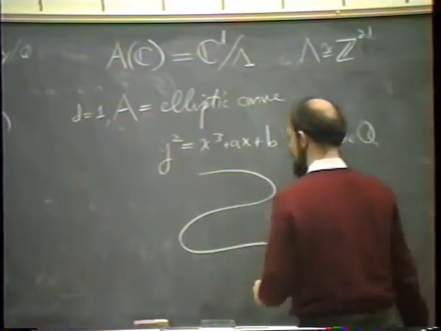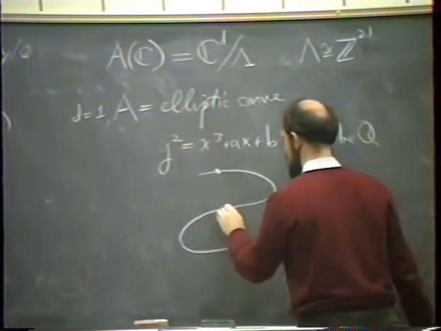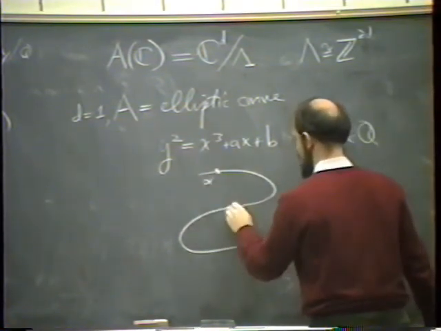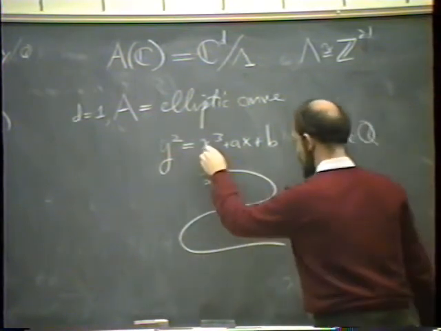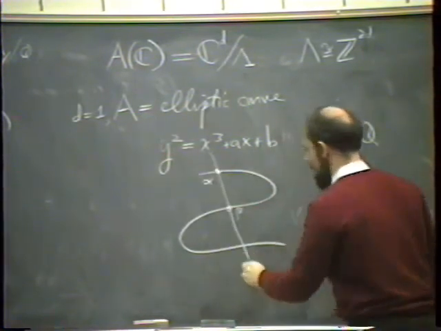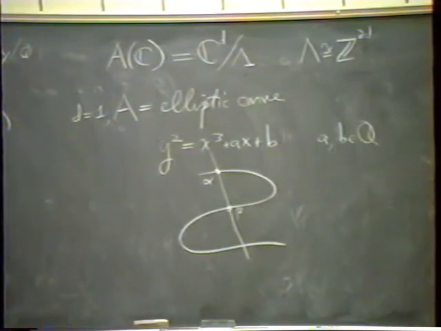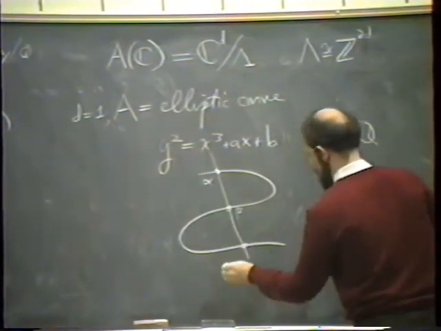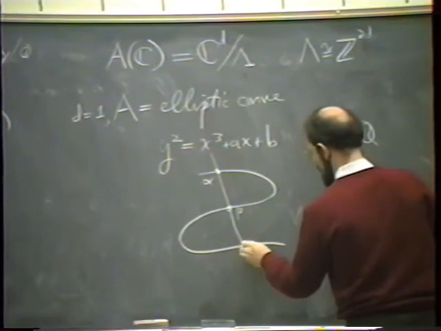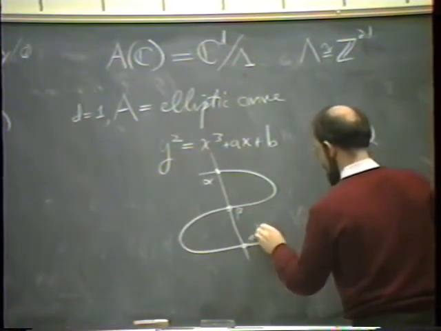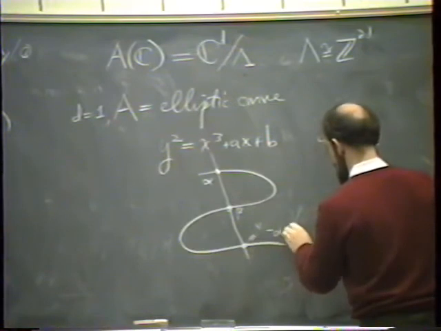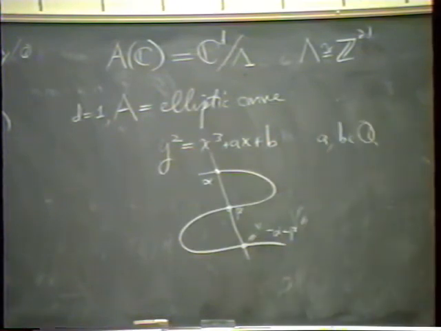So if you take two points here, let's say alpha and beta, then you can draw the line through them, and it will meet the curve at a third point. And you say by fiat that this third point you're going to call, quote, minus alpha minus beta, quote.